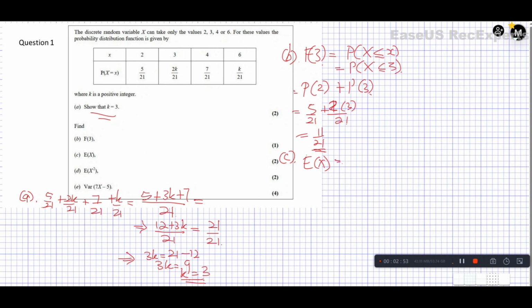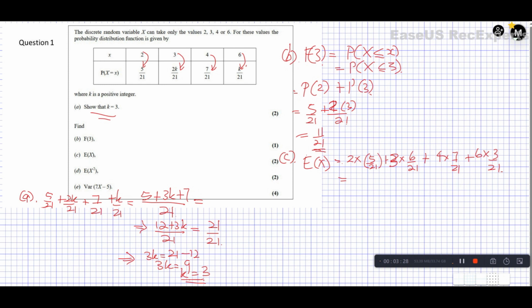The formula for expected value: we take each x value times its probability. So 2 times 5 over 21 plus 3 times 6 over 21, and then plus 4 times 7 over 21, and then plus 6 times 3 over 21.